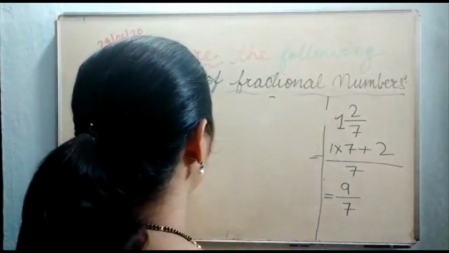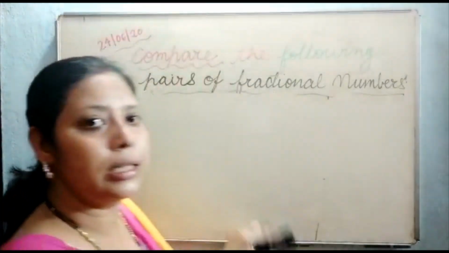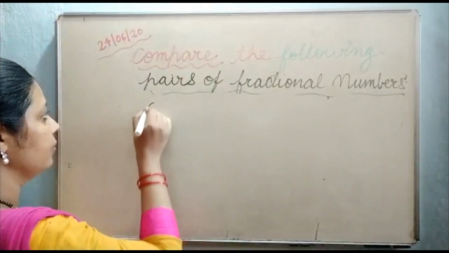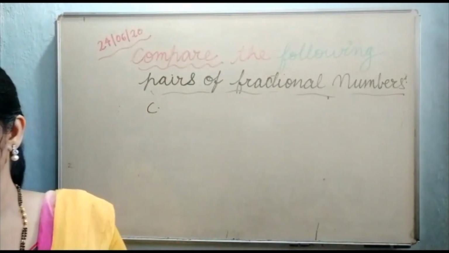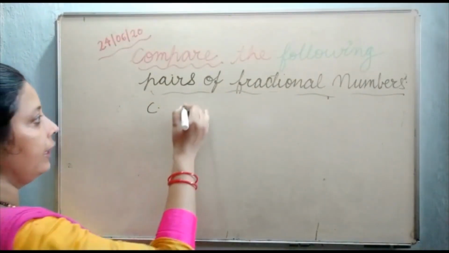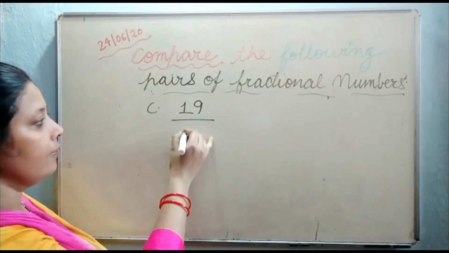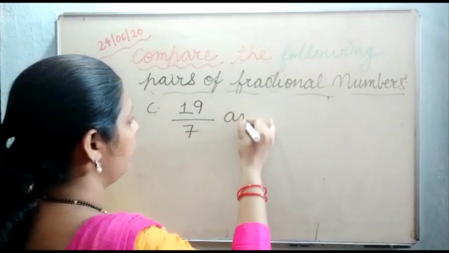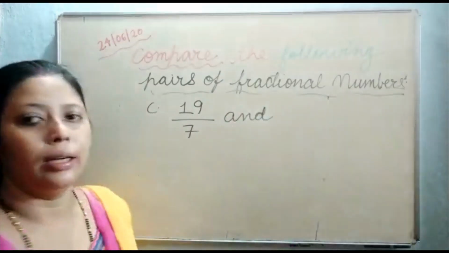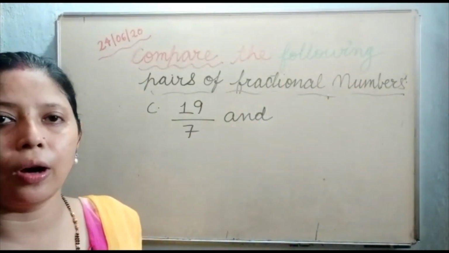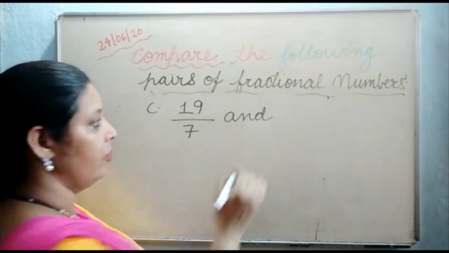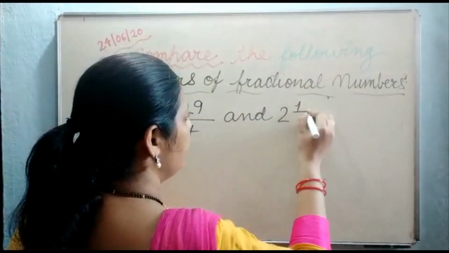Let's go for example number C. C is 19 by 7 and you have to compare this with 1 1 by 6.